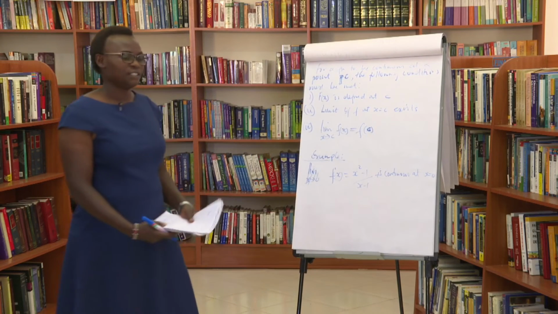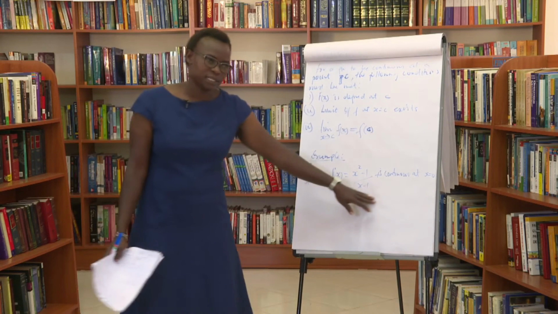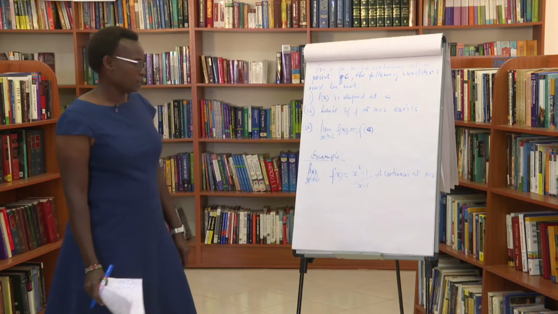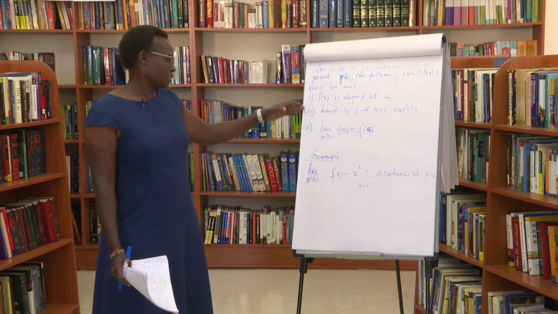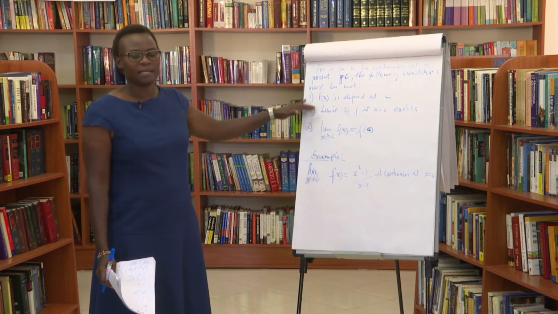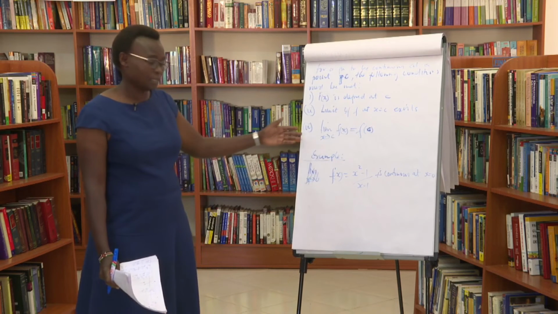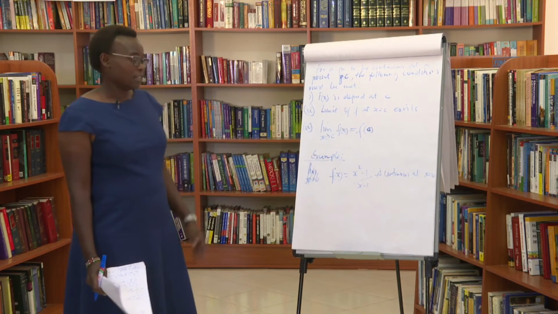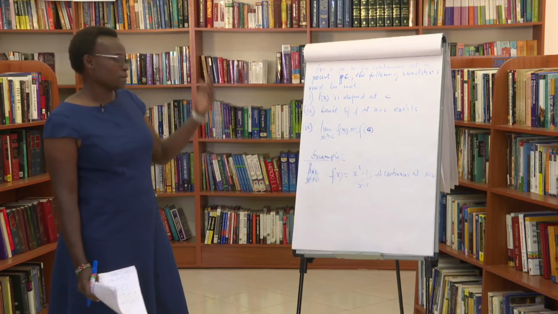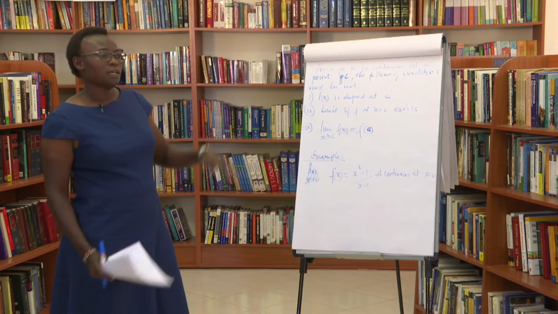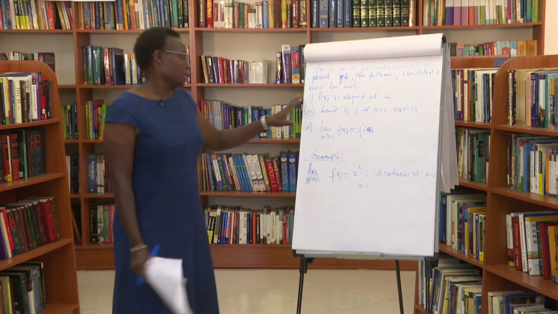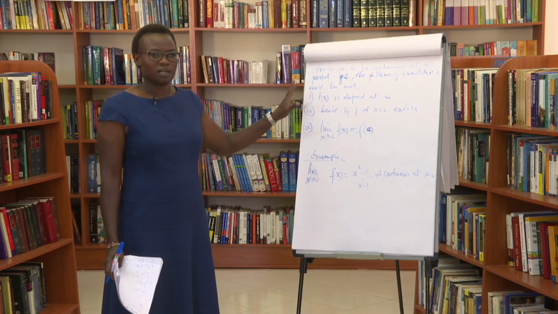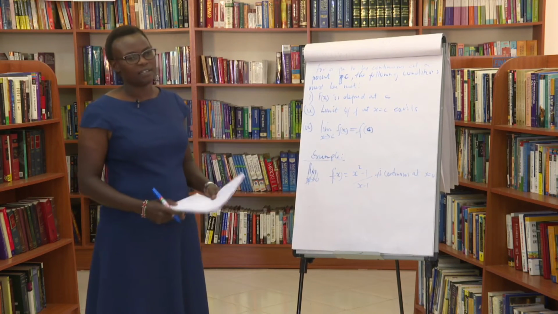So we check if this function is continuous at x equals 0. So we must confirm if the three conditions exist. If they do exist, then it's true that the function is continuous. If any one of them goes different from these three conditions, then the function is not continuous.